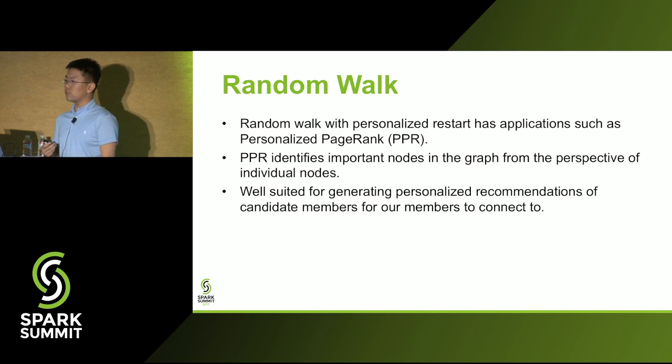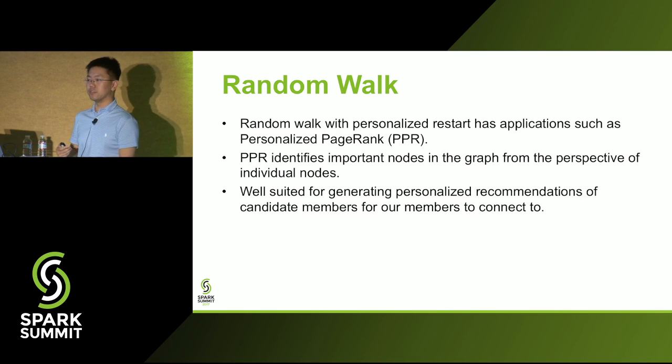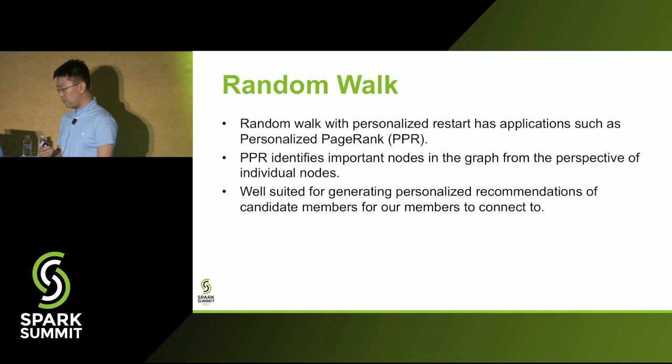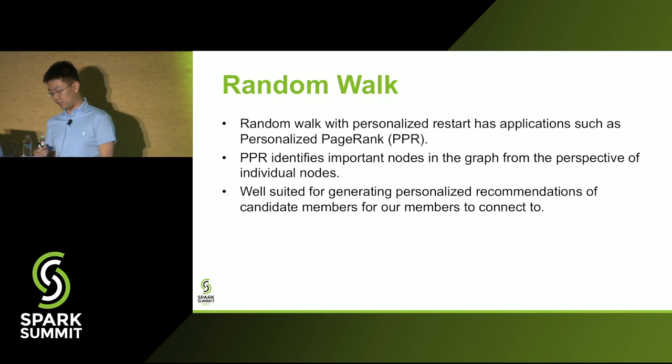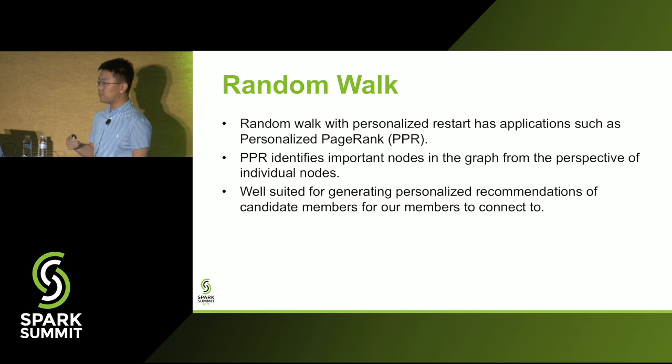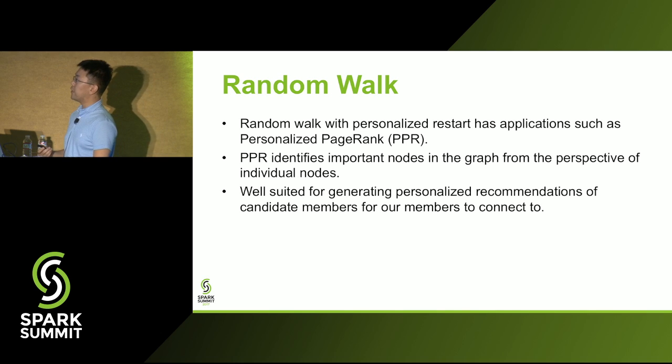The random walk algorithm has many practical applications, such as personalized PageRank, as well as representation learning on top of graphs. The variant that we illustrated in the previous slide can be used for calculating personalized PageRank scores for a large-scale graph. Personalized PageRank, or PPR, is a well-studied graph problem. It aims at identifying the important vertices in the graph from the perspective of every individual vertex in the graph.